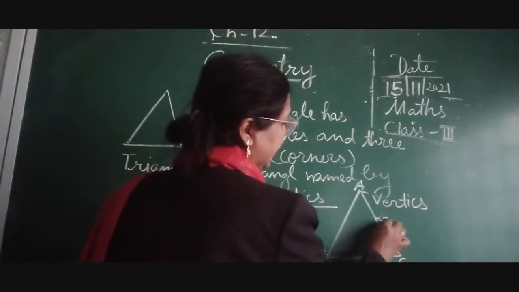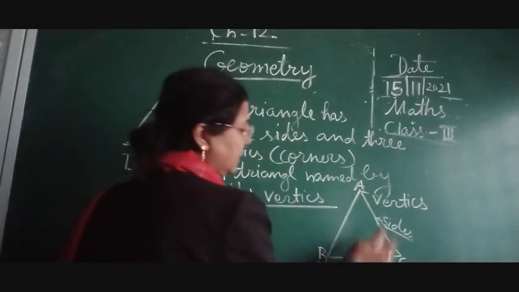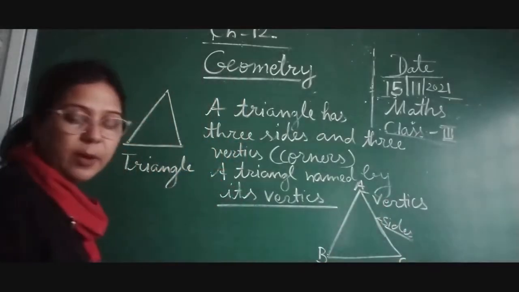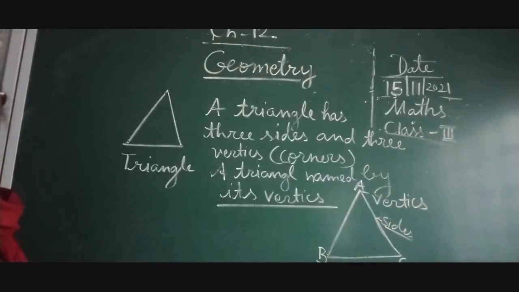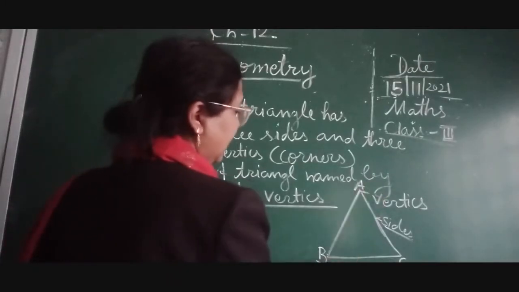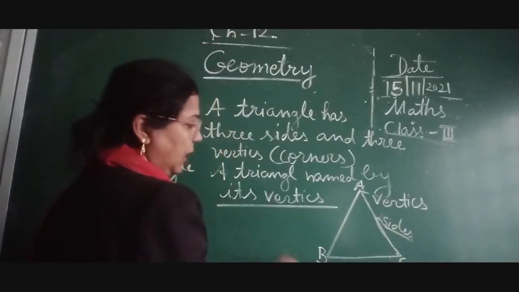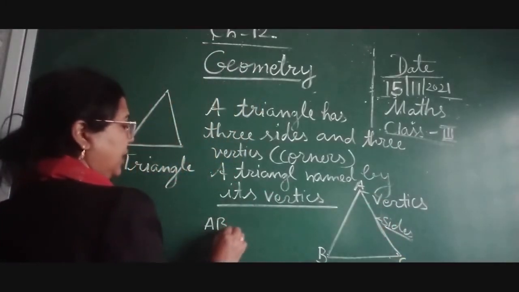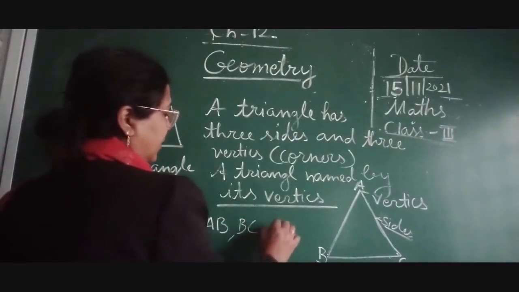Sides. So children, a triangle has three sides and three vertices. This figure represents a triangle ABC, its vertices are A, B and C, and its sides are AB, BC and AC.